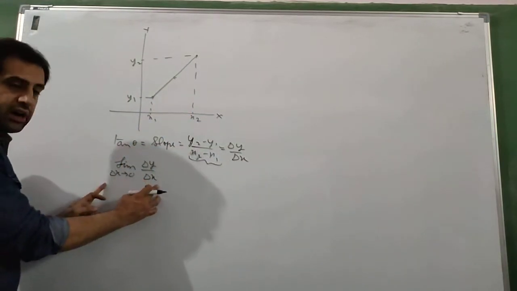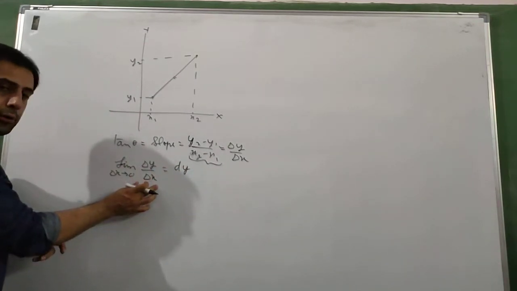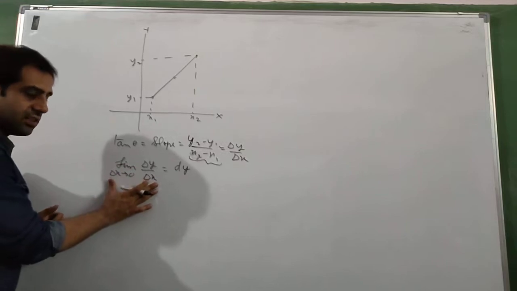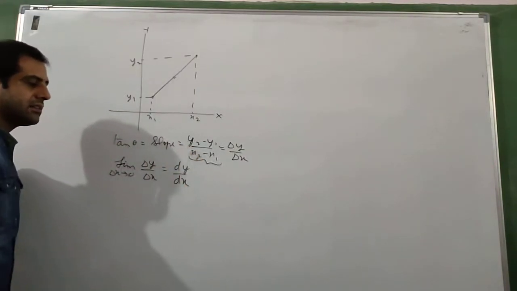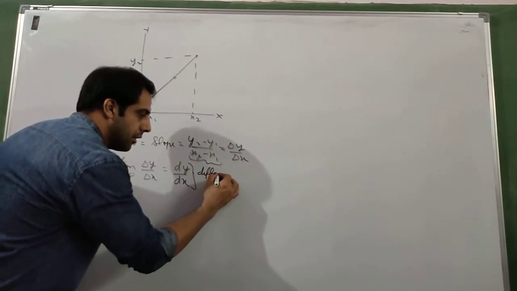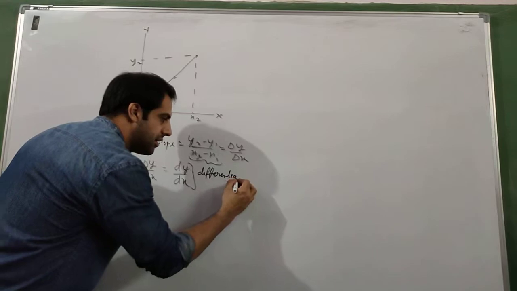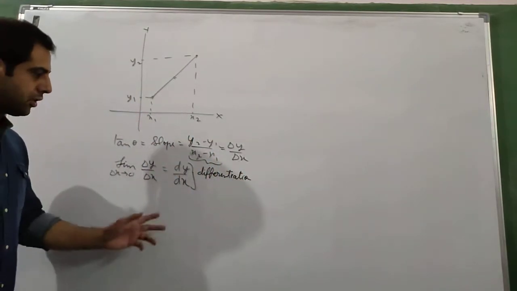If delta y upon delta x is expressed in the way of limit, then we can write it as dy by dx, which we called differentiation.